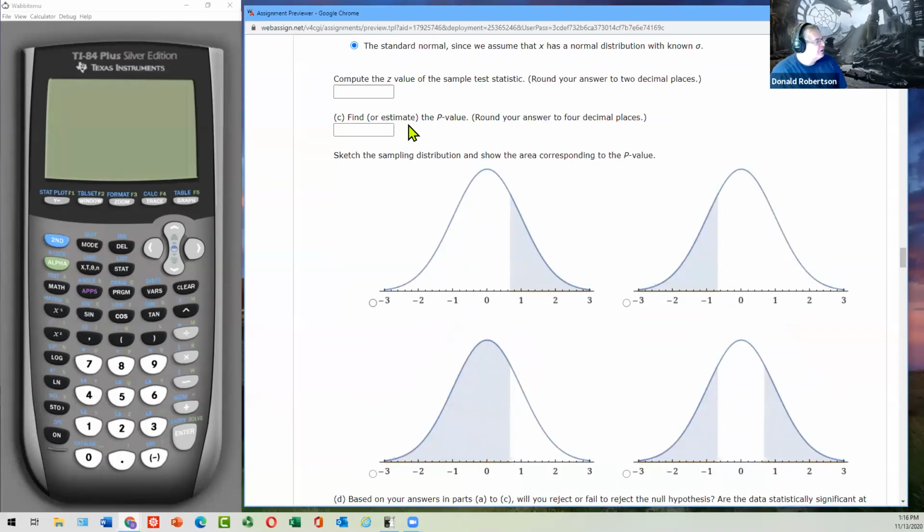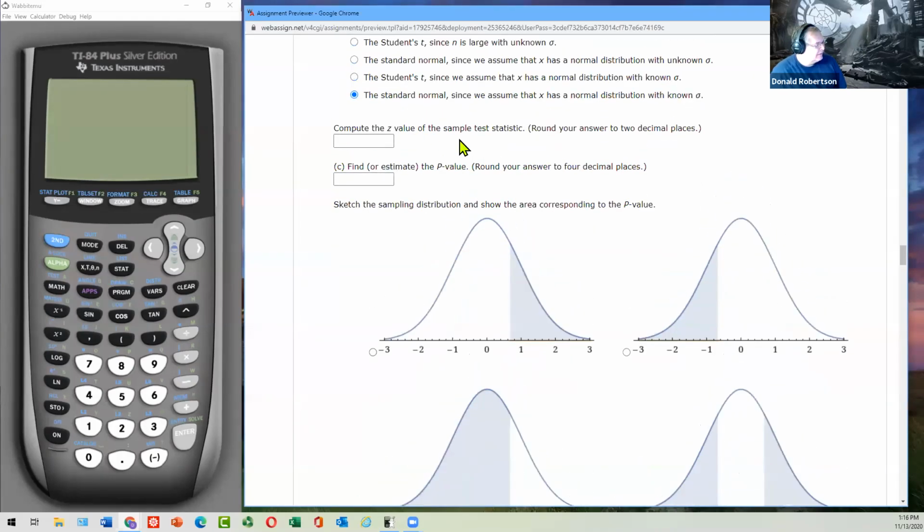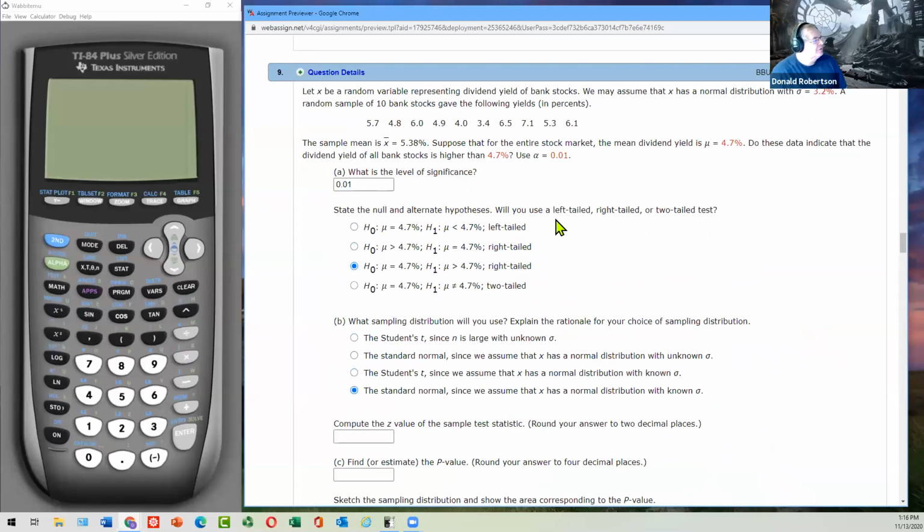Now, the next bit says compute z. So I am going to have to take the mean, which is this number, subtract mu, which is this number, and divide it by sigma divided by the square root of n, which should say 10. So here it goes. Bracket, this is the z-score.